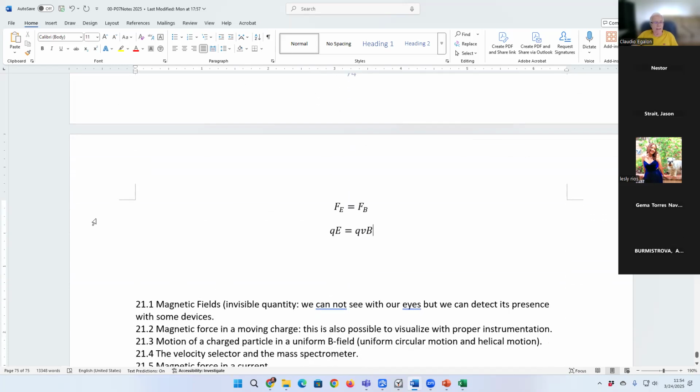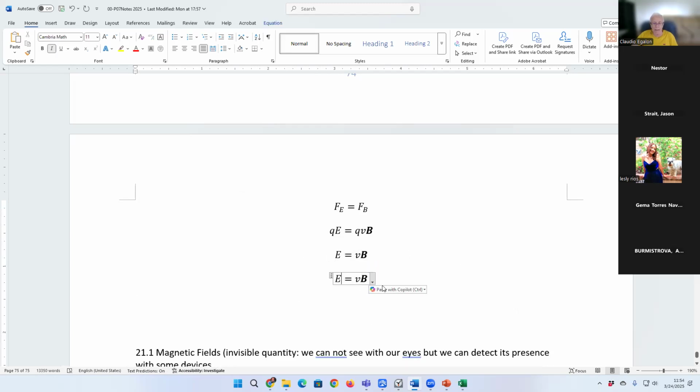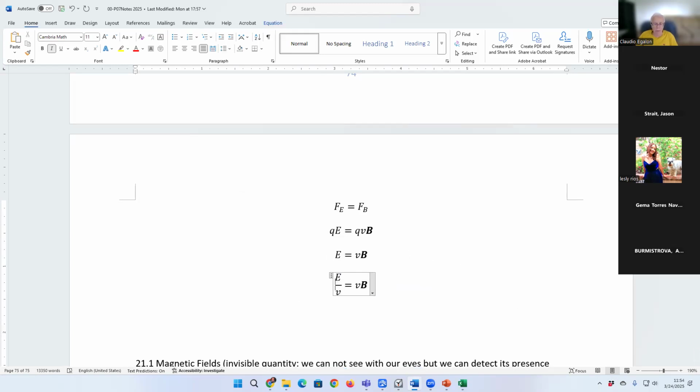And then what do we get? Q cancels out. And let me highlight the B here because that's the parameter that we want to find. Q cancels out. And look what we get. We get this nice relationship between the E field, the magnetic field, and the velocity of the particle. It does not depend on the charge. Do you notice that? It does not depend on the charge.